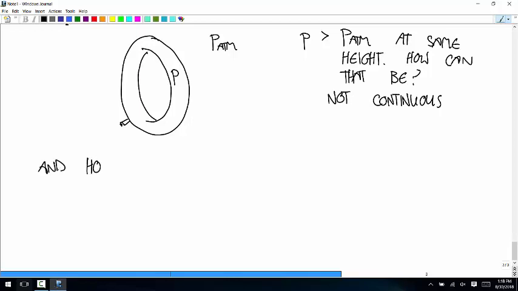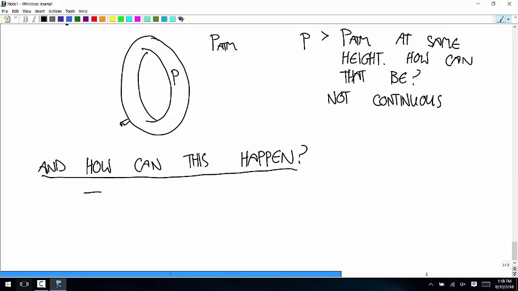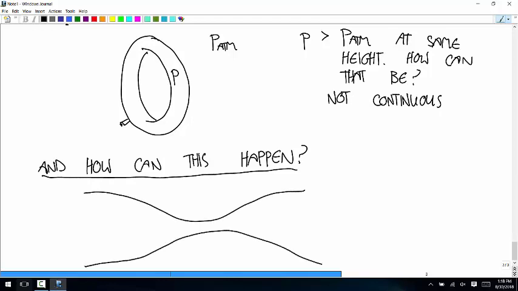So how can this happen? You can probably guess the answer already, and I haven't even drawn the picture yet. But say you're forcing air through a tunnel that has a shape like this. So air is going this way.